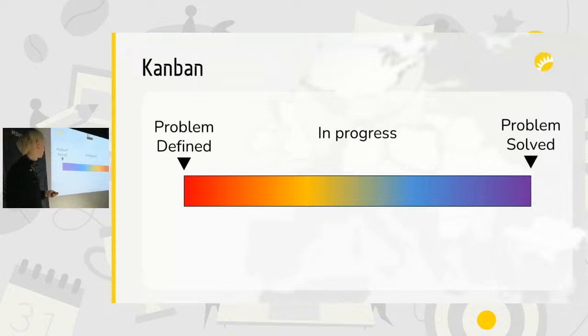So there is only defined, in progress and done. Of course, you can have a really complicated status model here, and Kanban guarantees that you will push your task through this pipeline in the most effective way.